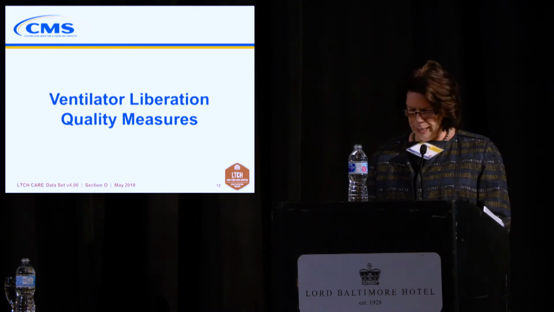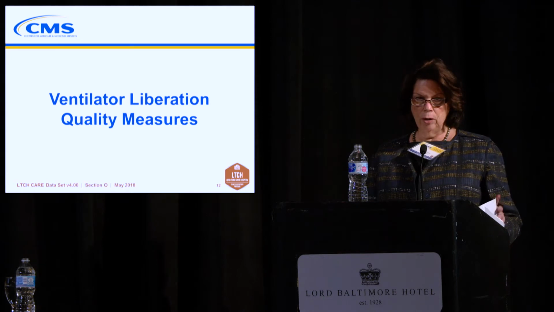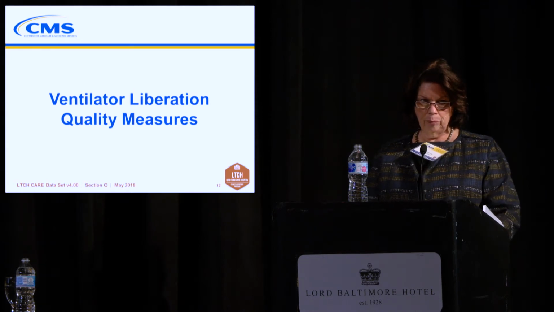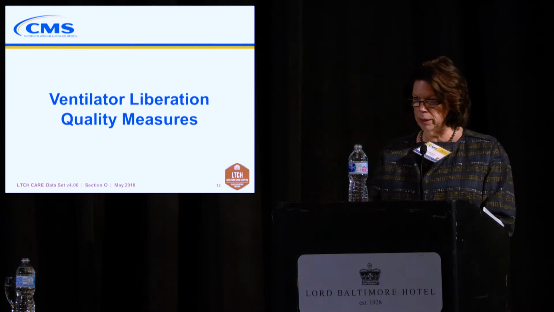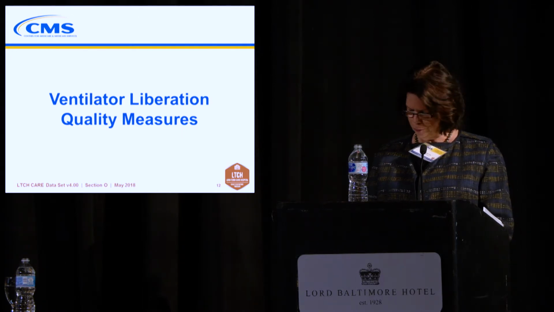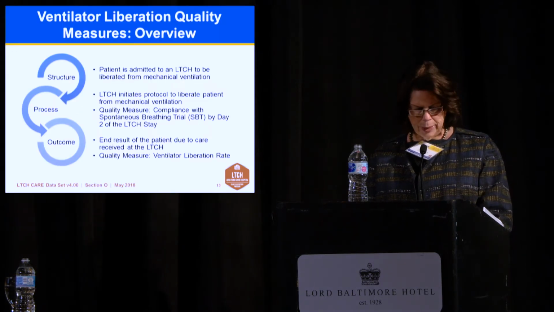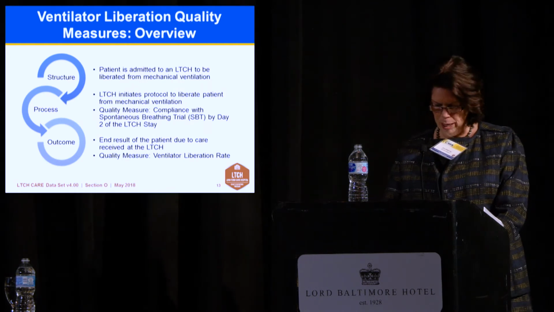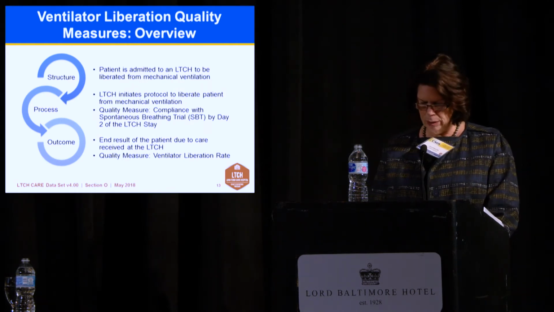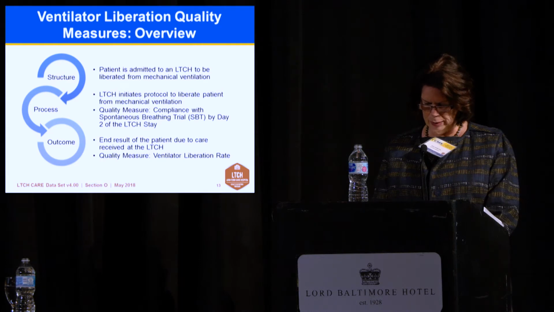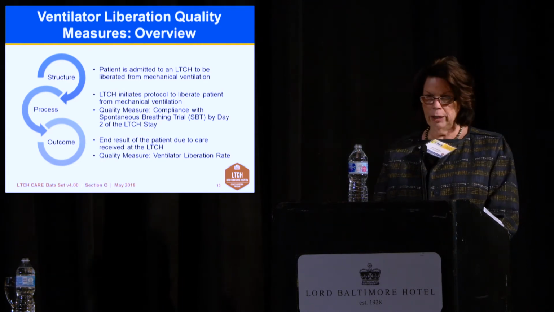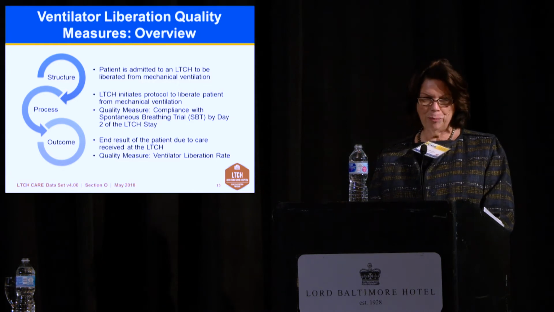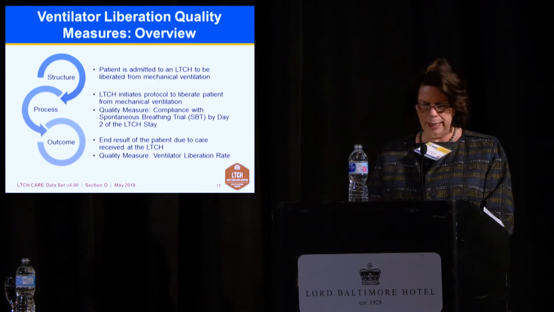The next few slides, I'm going to provide an overview of the ventilator liberation quality measures, both the process and the outcome measures. The Donabedian model of structure, process, and outcome provides a framework for the ventilator liberation measures. The structure component is that the patient is admitted to the LTCH.